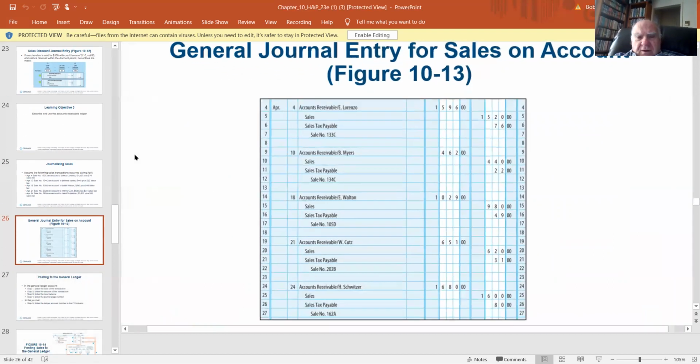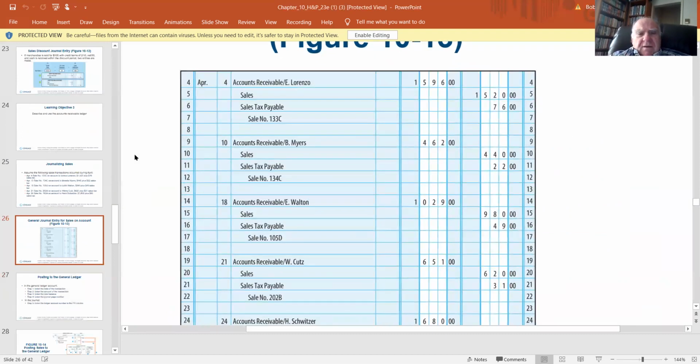Well, we know this already. Let me start with the proper thought process. We know the sales number is going to be whatever the merchandise cost. So we sold $1,520 worth of merchandise. This state has a 5% sales tax.